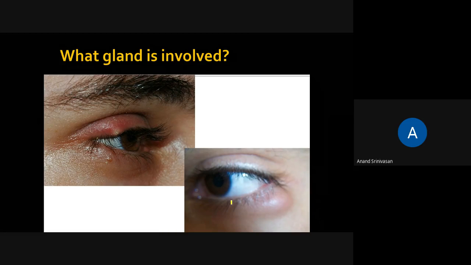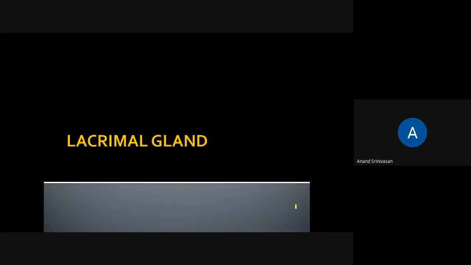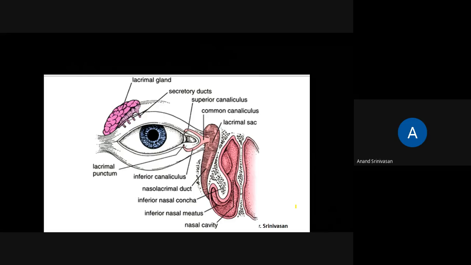As a result there could be a gland which may be inflamed. This is because of one of those glands getting inflamed in the eye. The next one is the lacrimal gland.